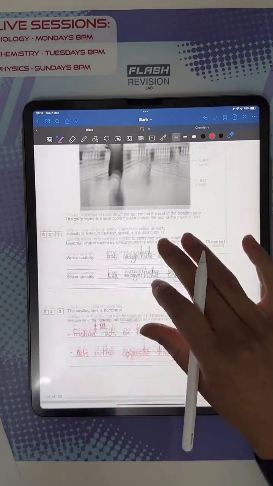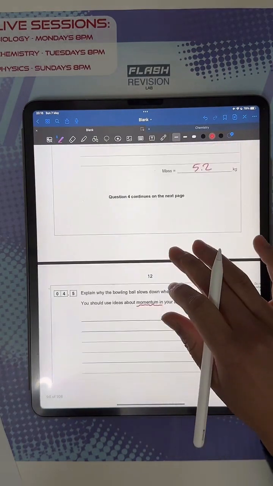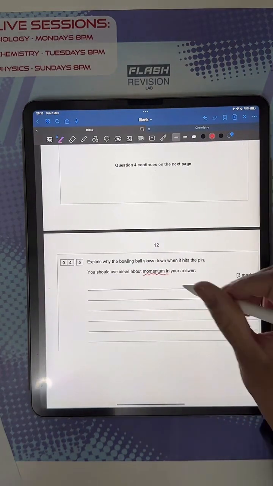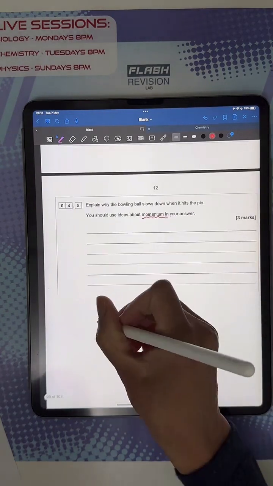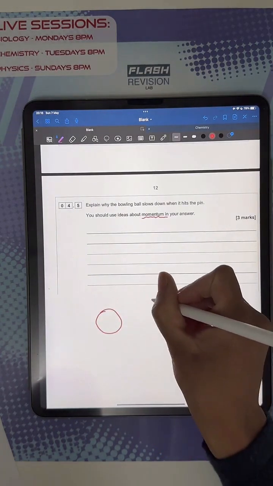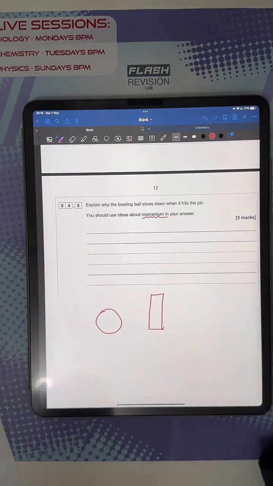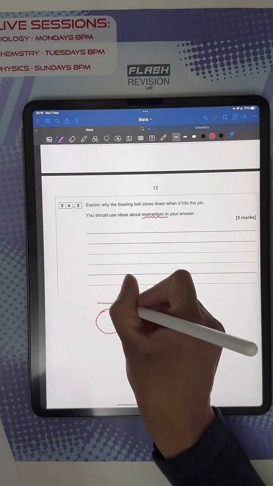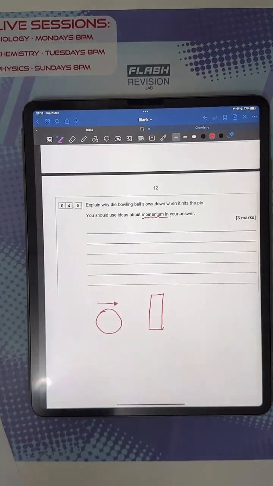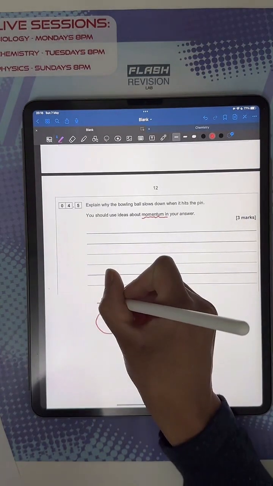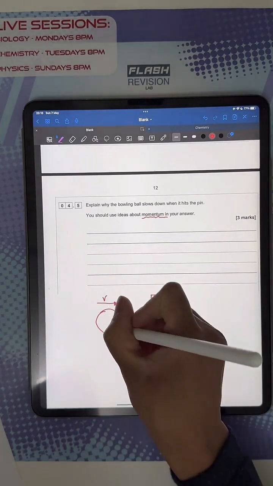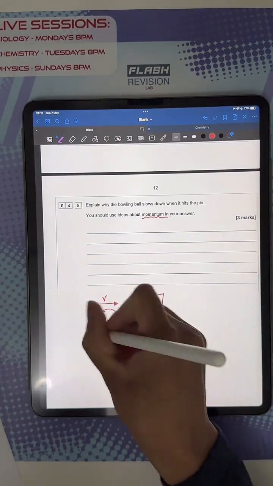So back to that question, when the ball hits the pin, what's going to happen? So let's say ball here, pin, I'm going to draw it like this. The ball is moving in this direction. It has a velocity and it has a mass, so it has a momentum.